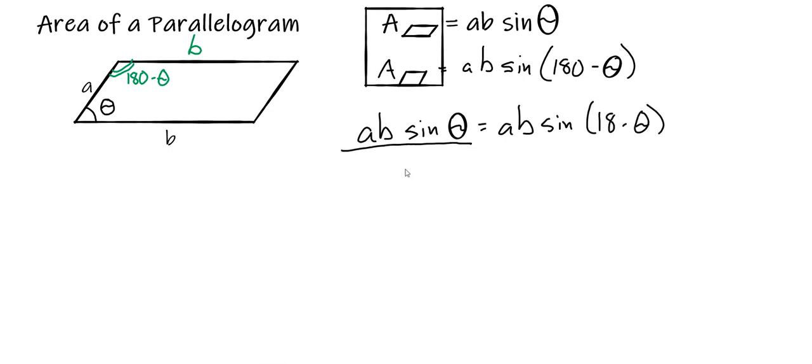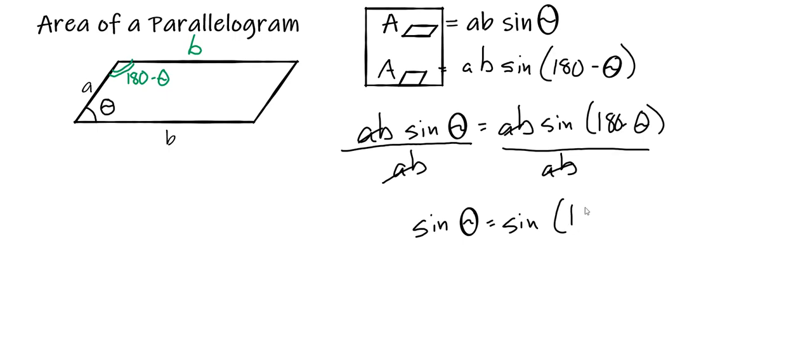If I divide through by the AB that's on both sides and cancel them out, we get at the end that sine of theta is equal to sine of 180 minus theta. And here is proof right there that the sines of supplementary angles are equal to each other.